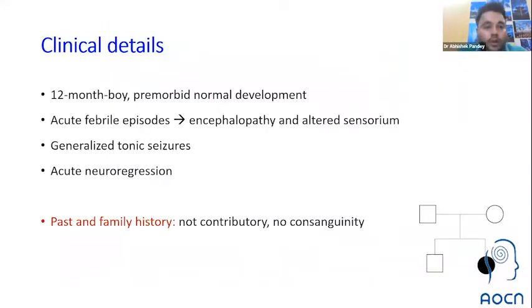So we have a 12-month-old boy, premorbid normal development, who presented to us with acute febrile episodes that later proceeded to encephalopathy and altered sensorium. Later, the child also developed generalized tonic seizures, followed by an acute neurodegeneration. Otherwise, past and family history were not contributory.